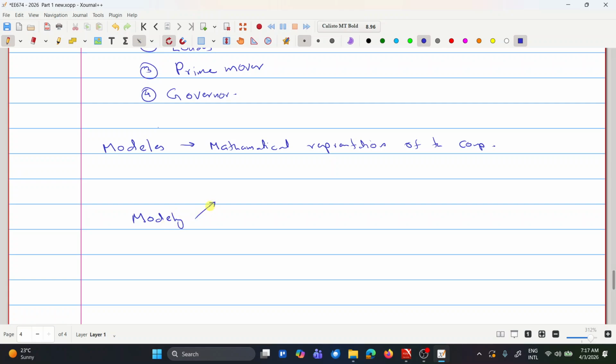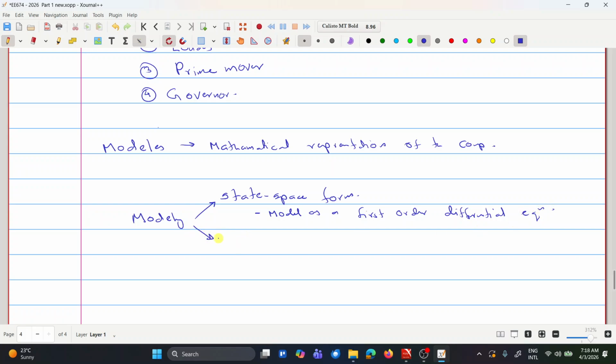You can model it in a state space form, where the model is expressed as first order differential equations.